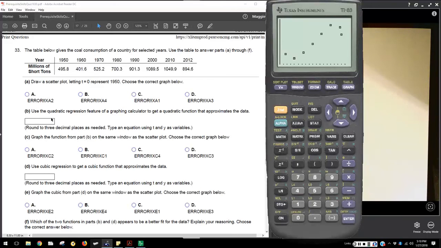And it tells us to use a quadratic regression feature to get a quadratic equation. Okay, we're going to go back to Stat, Calc, Quadratic Regression, List 1, comma, List 2, comma, vars, y vars, function, y1.